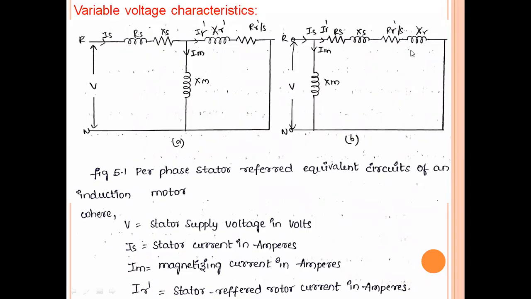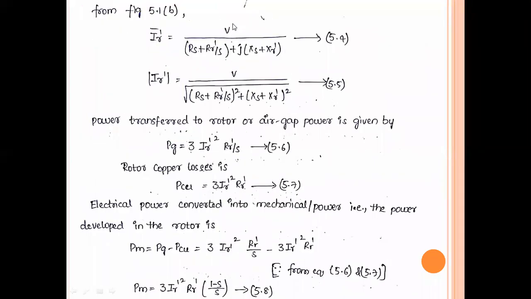Series connection means we simply add those two resistors and simply add those two reactance values. Then you can see the V by Z formula. We have added both the resistances and both the reactances, because the reactive term is an imaginary term. That is the reason why the j is used for the reactive terms. So this is the IR dash, which means the stator referred rotor current.